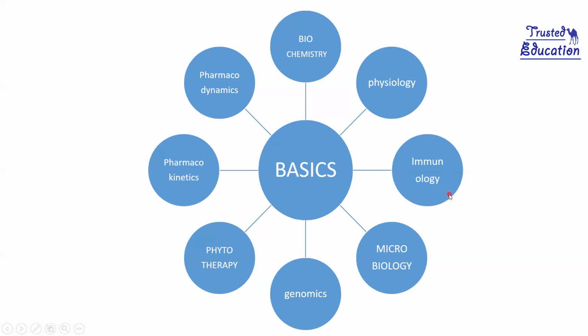We have also immunology, which is considered the biggest part of the basic sciences. Why? Because it includes vaccines. As you know, a lot of people are coming to Saudi Arabia as visitors or to perform Hajj or Umrah.